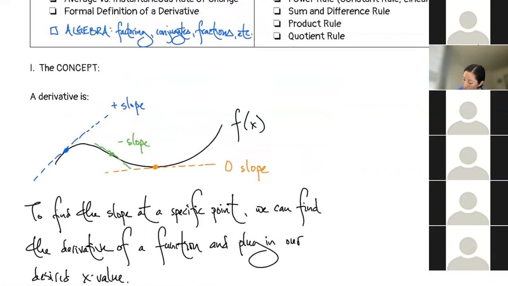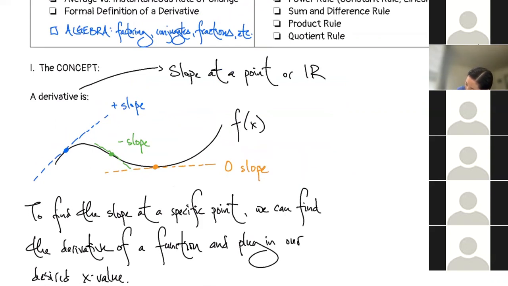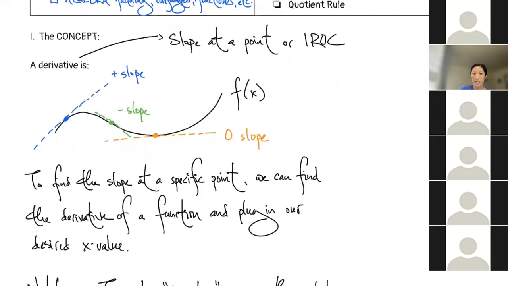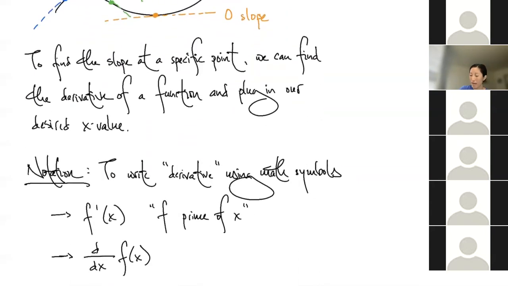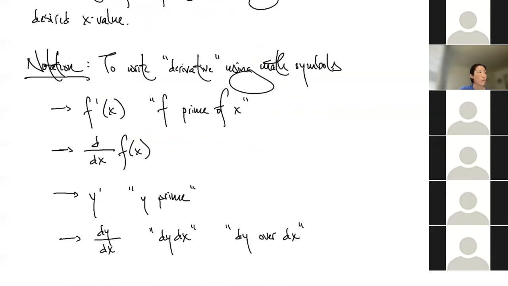Okay, so maybe that's worth writing down as well, that a derivative is slope at a point or instantaneous rate of change. We have a picture to go with it, and we have some symbols that we're going to be using quite a bit. All right, so we ready to jump into some computation?